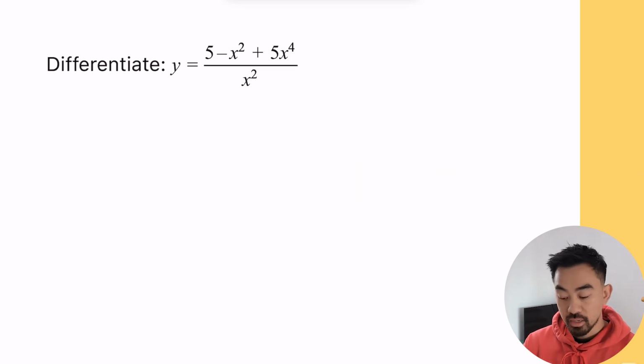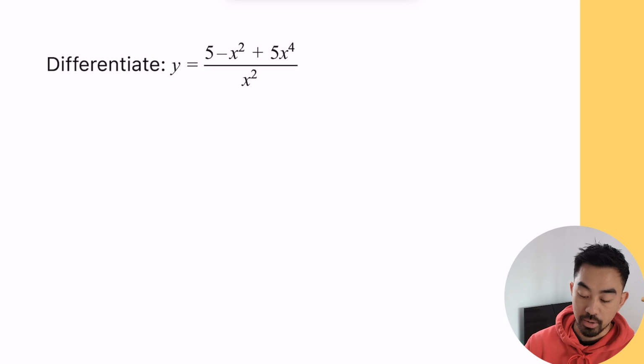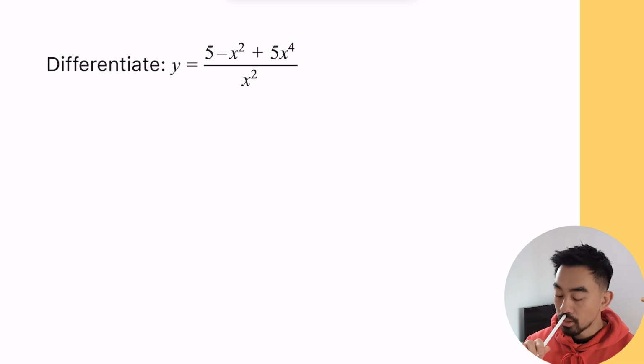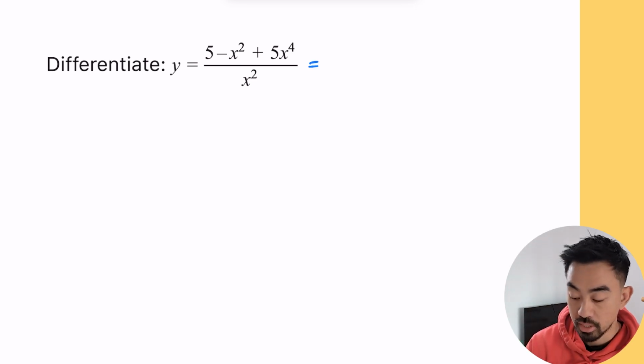All right, next example here, you've got 5 minus x squared plus 5x to the 4 in the numerator divided by x squared. So in general, if you can split the fraction, try to do that as a first attempt.